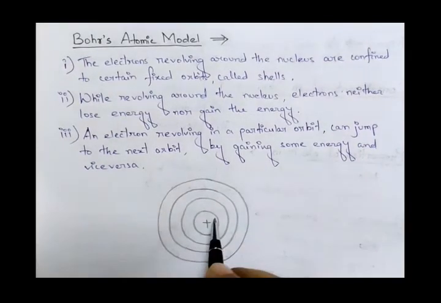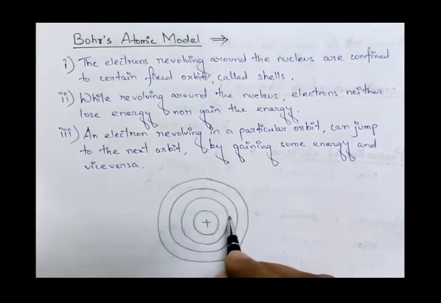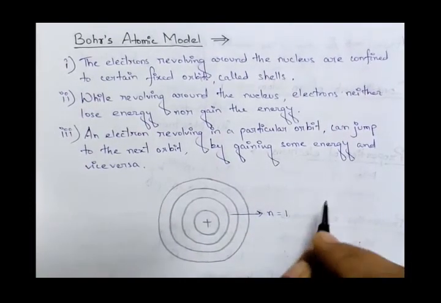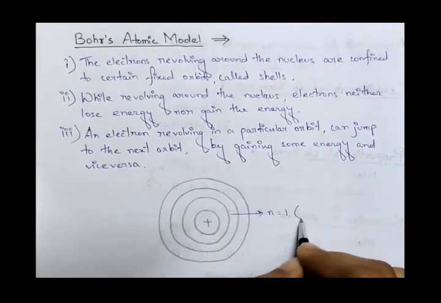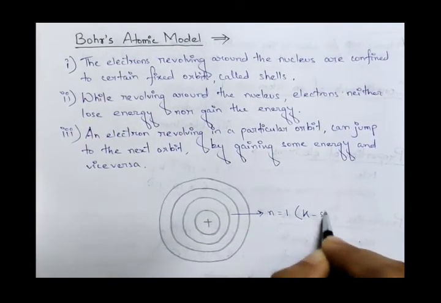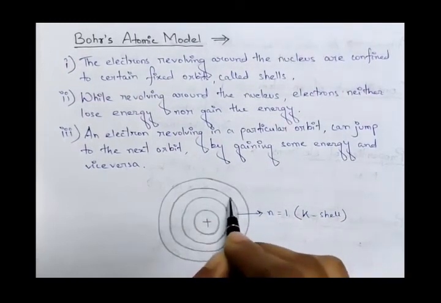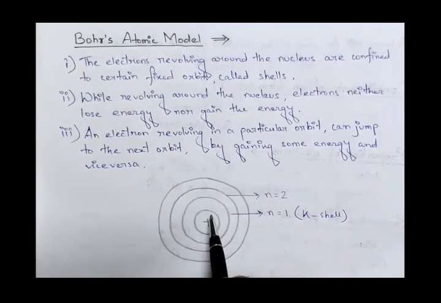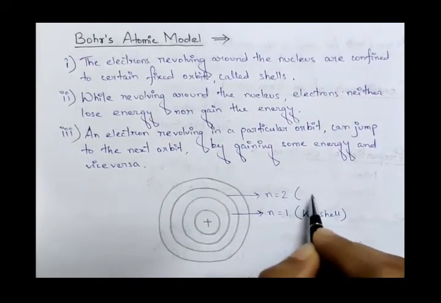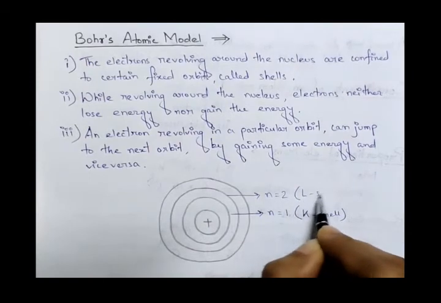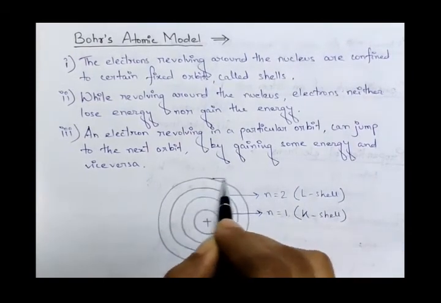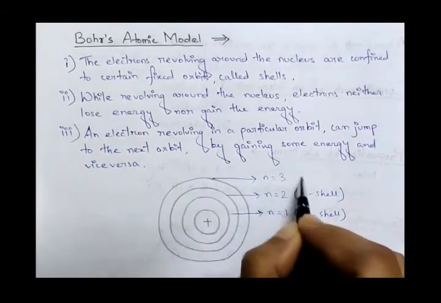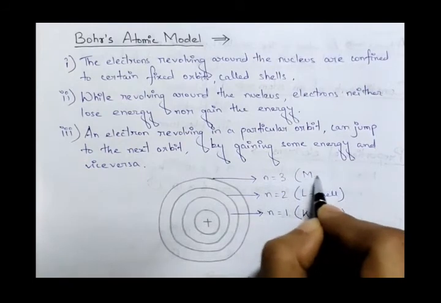So if this one is the nucleus, the first shell, that is n equal to 1, is called the first energy level or K shell. Again this one is n equal to 2, that means the second shell from the nucleus. So this is the second energy level or L shell. Again this one, the third shell from the nucleus, is the third energy level or M shell.